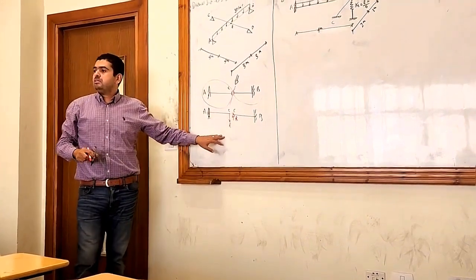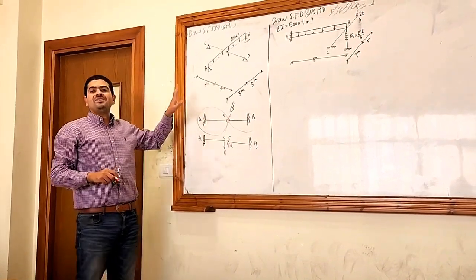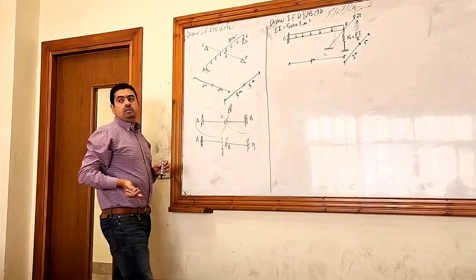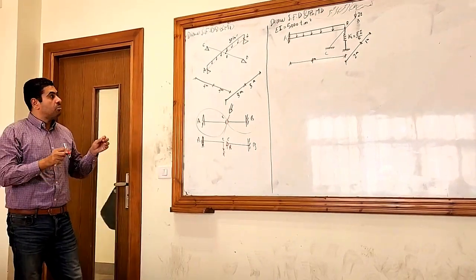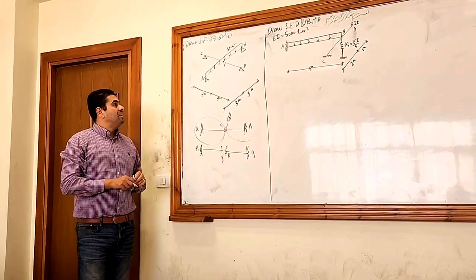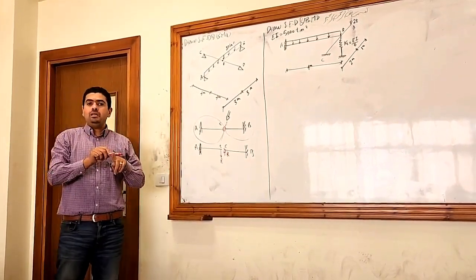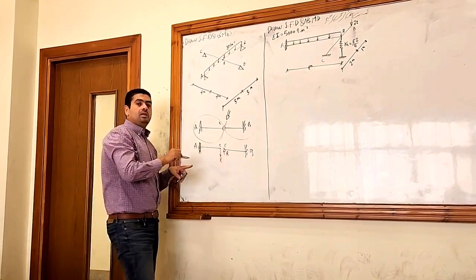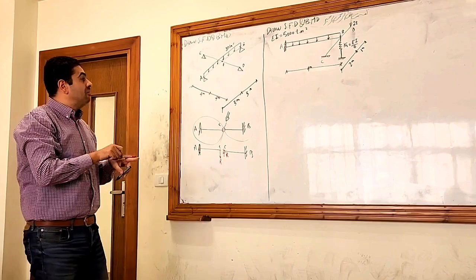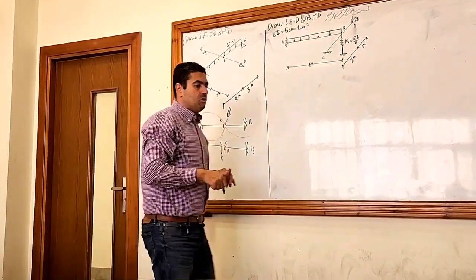This is the last example we solved last week, right? This would be exactly the same. I don't know which one is the main and which one is the secondary, because both of them are stable. But the only thing that I know is that at point E there will be two reactions that have the same value but in the opposite direction. So let's see how we will solve this.